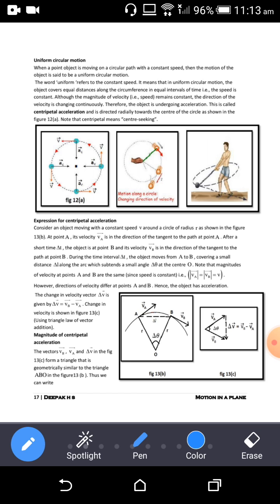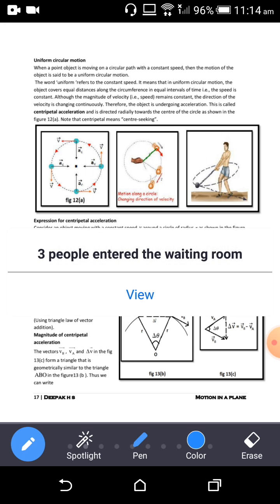At each point the direction of velocity keeps changing, and this gives rise to acceleration. This type of acceleration is called centripetal acceleration, and it is directed radially towards the center of the circle, as you can see in figure 12a. Centripetal means center seeking.